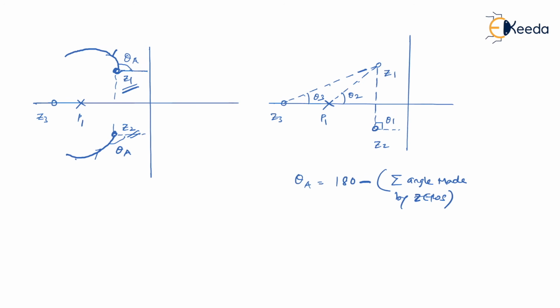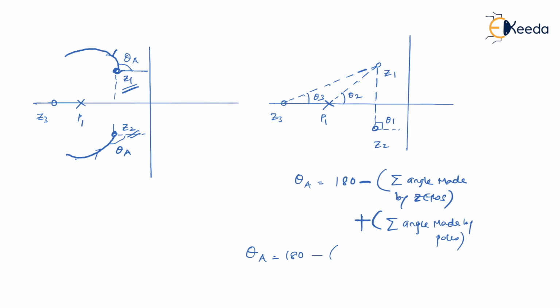In the previous formula, it was minus the summation of angles made by poles; here, it would be plus. So let me write theta A equal to 180 minus.